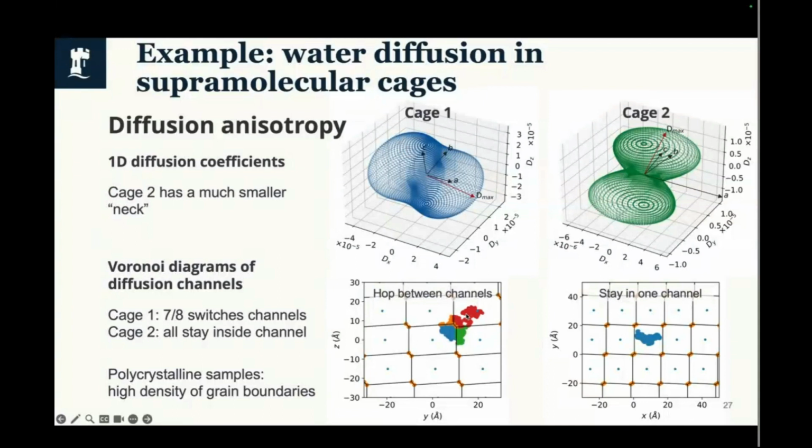We will see that for cage 1, almost all water molecules can switch channels, but for cage 2, almost all water molecules stay in the same channel.